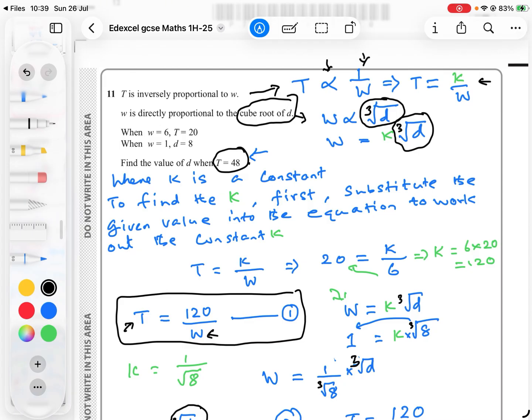Now, to find K, first substitute the given values into the equation to work out the constant K. Given values mean this one and this one.